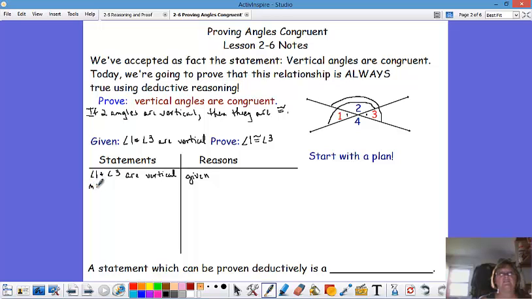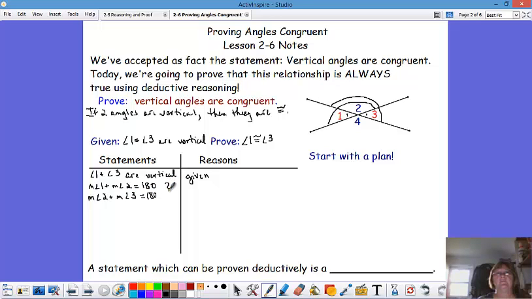The measure of angle 1 plus the measure of angle 2. And I've said that they're forming a line, or a linear pair. Well, linear pairs always measure 180 degrees. So the measure of angle 1 plus the measure of angle 2 is 180 degrees. That's also true about the measure of angle 2 plus the measure of angle 3.